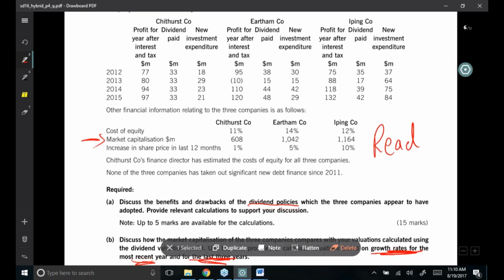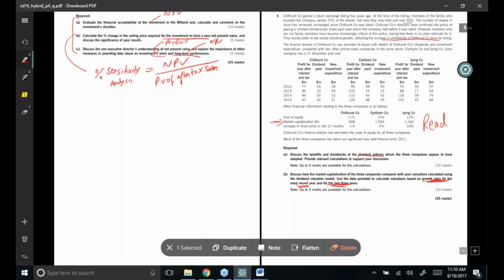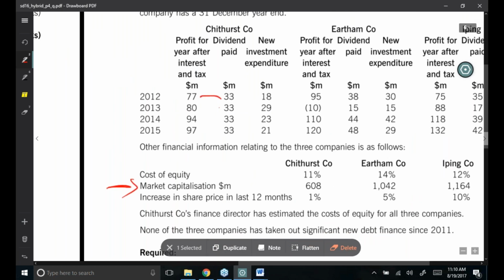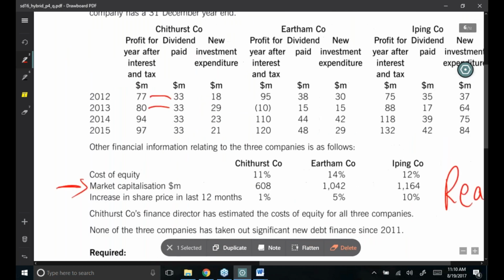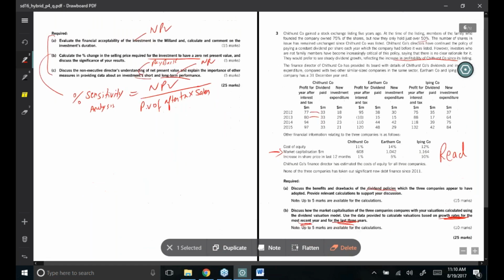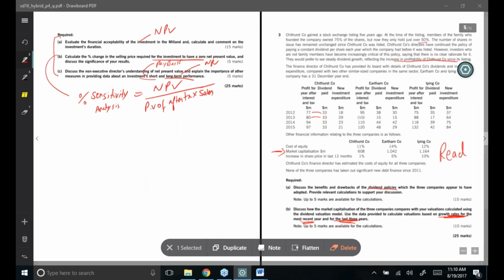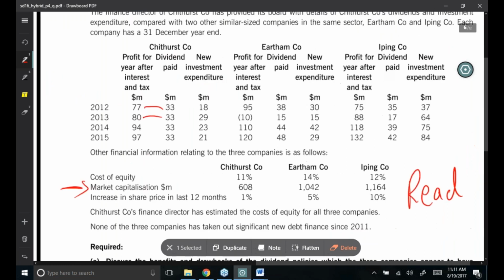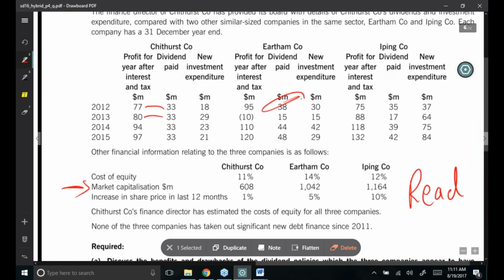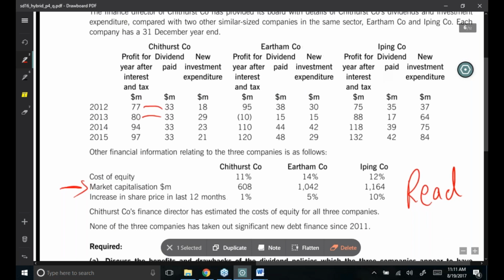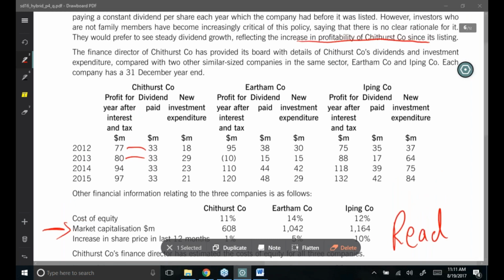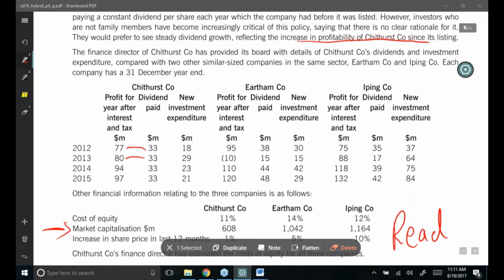First, you need to calculate the dividend payout ratio by dividing dividend with profits.